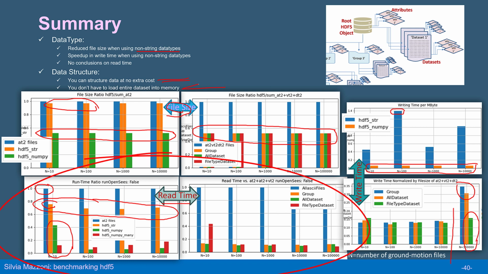Plus, remember this point right here, to access that data, you don't have to unzip or open up the files one at a time. So even if you have string data, it's worth it for read time to organize it in an HDF5 file. If you have NumPy data, there's definitely a significant improvement in read time. So it's definitely more efficient to keep everything in one file for read time.